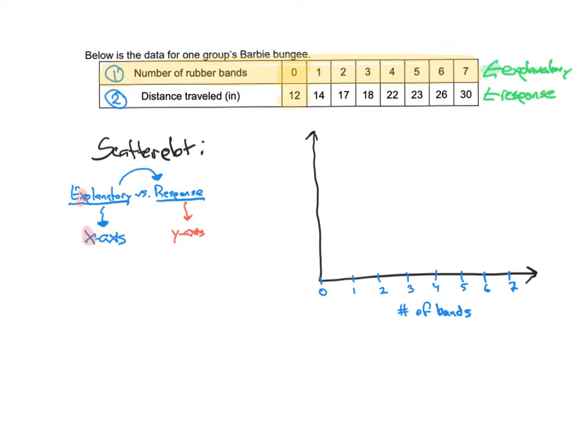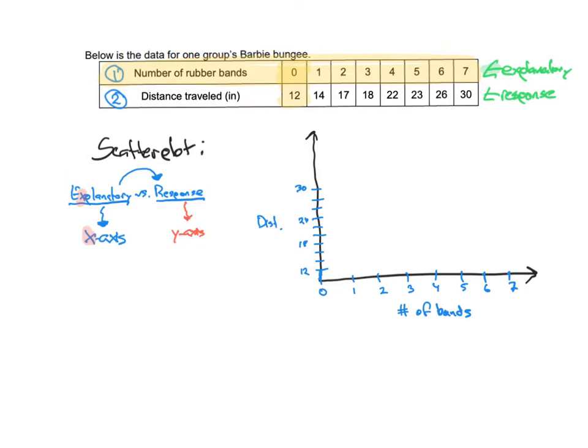Let's start at 12, and let's go by twos: 12, 14, 16, 18, 20, 22, 24, 26, 28, 30. Okay, so that just gives us a good idea of what's going on there. Oh, and we call this distance.